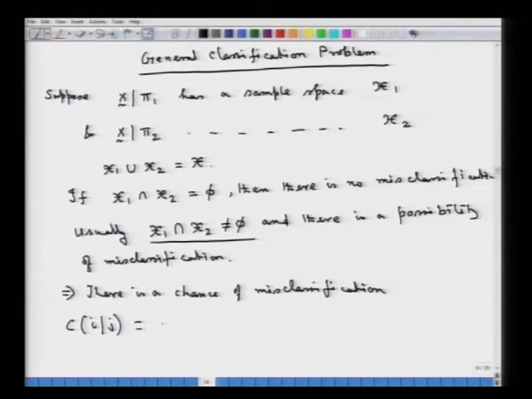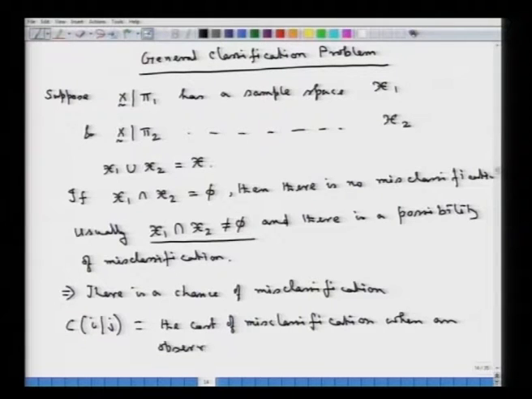So, this is the cost of misclassification when an observation vector from pi j is assigned to pi i.